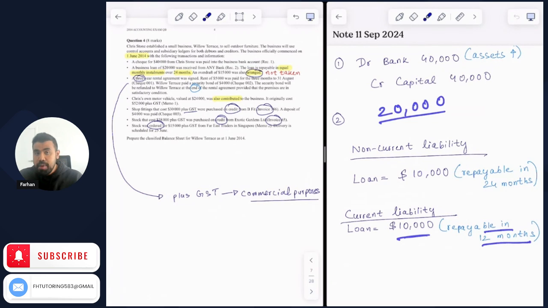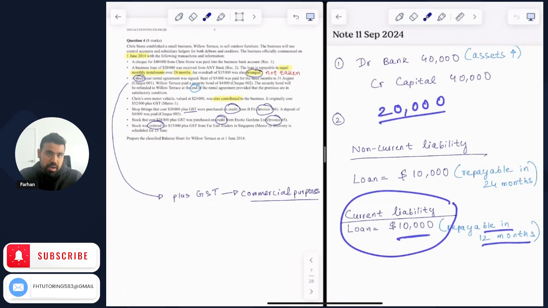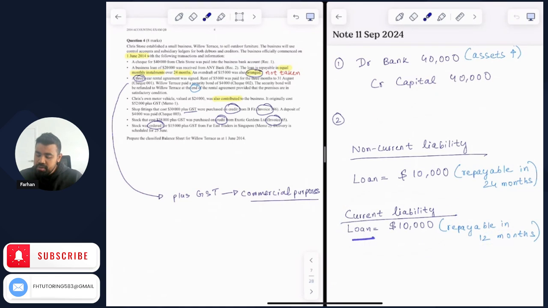And because this is repayable in the next 12 months, this falls within the category of current liability. So when you prepare the balance sheet, within the current liability section, you have to show loan of $10,000, which basically reflects that this business is supposed to make a payment of $10,000 in the next 12 months.